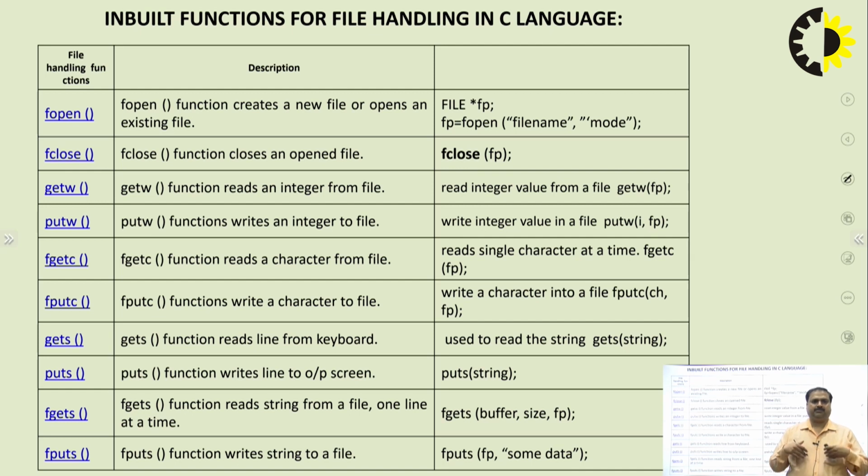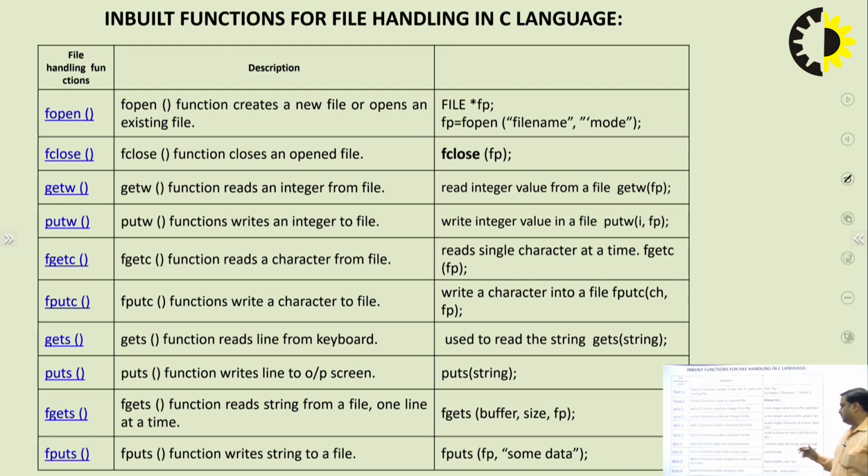The fputc function is for writing one character to the file. gets reads a line from the keyboard that we can store in the file. puts writes a line to the output screen that we read from the file. fgets is specialized for files. The fgets function reads from a file one line at a time, that means it reads up to the newline character. And the fputs function writes a string to a file.